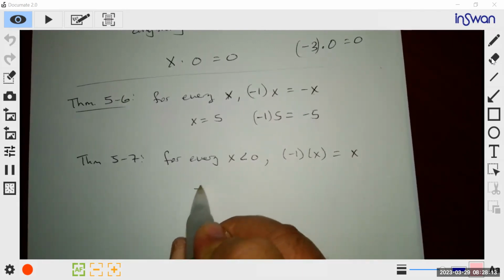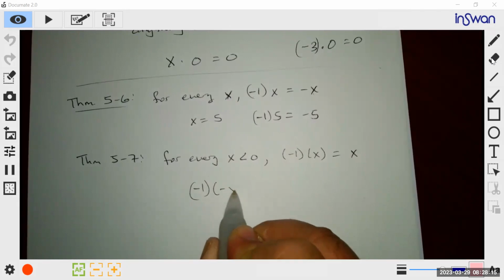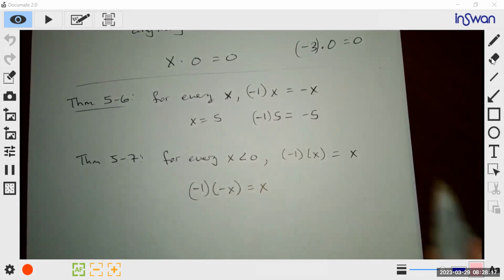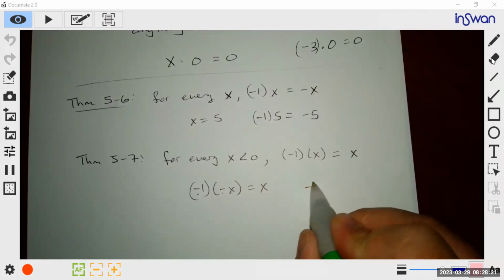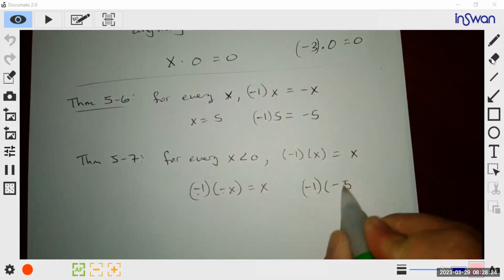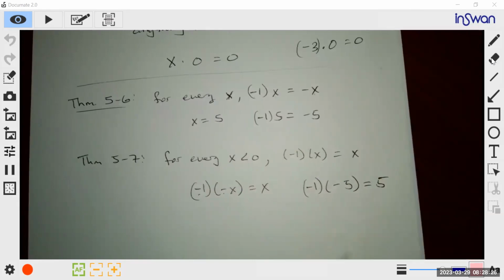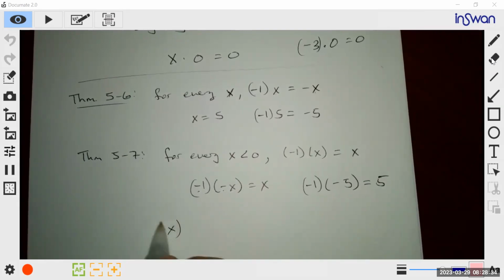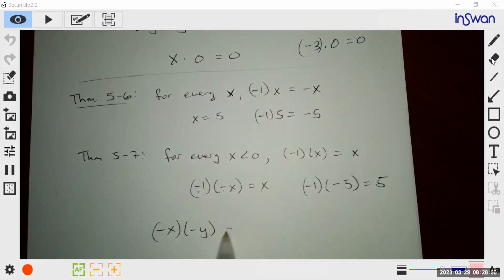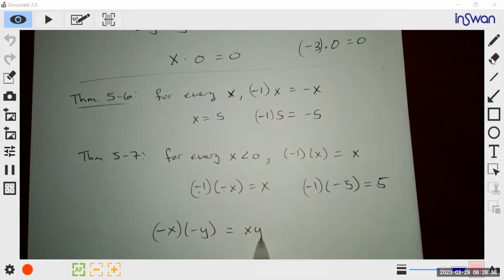So -1 times -x equals +x, because a negative times a negative equals a positive. So -1 times -5 equals +5. So -x times -y equals +xy.